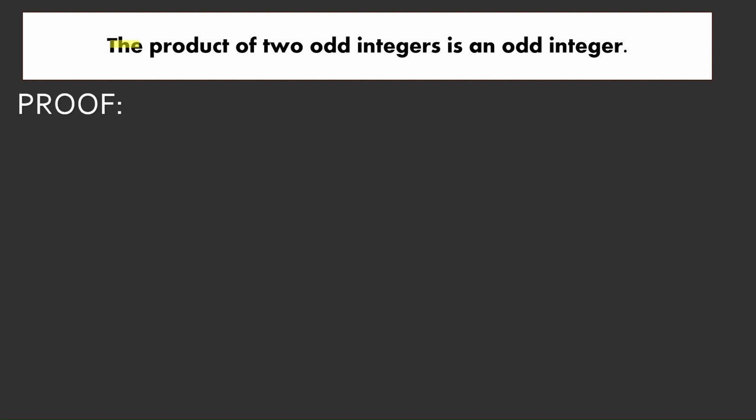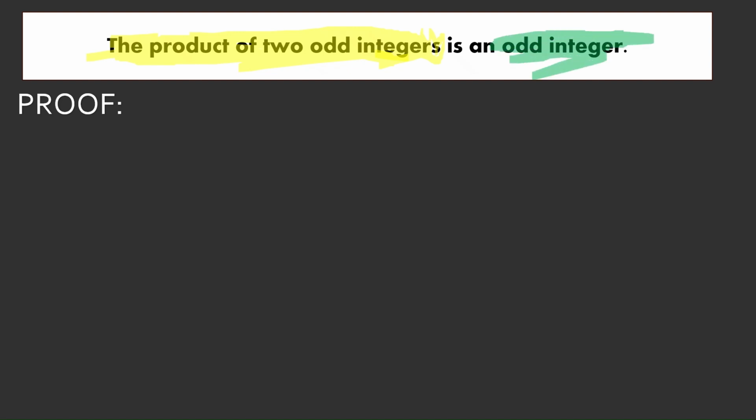If you look right here, where do we get it from? Well, we get it from what we're given. This is our first statement, the product of two odd integers. And our second statement would be that it's an odd integer.